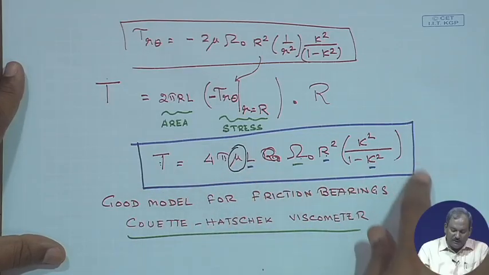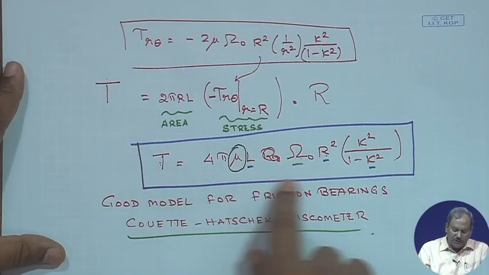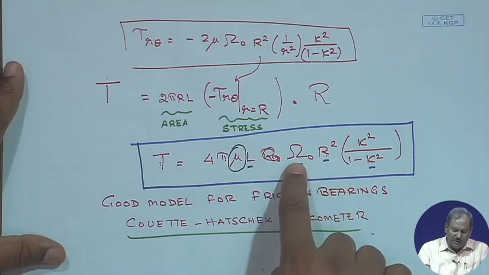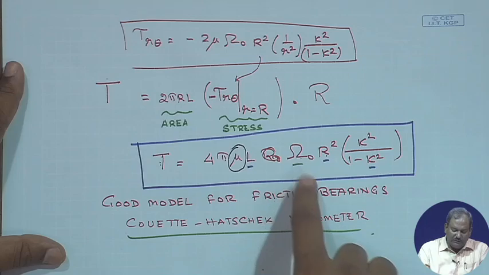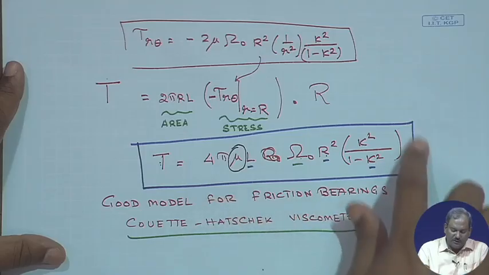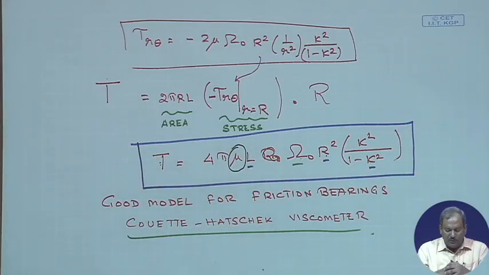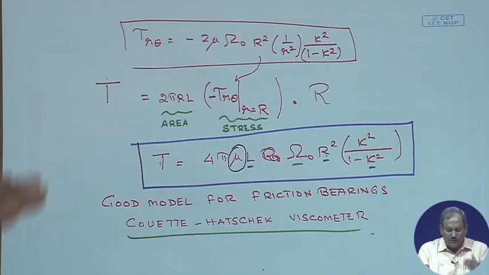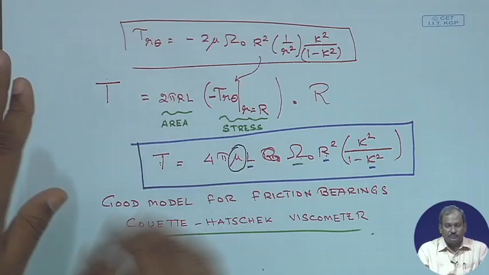So, the applicability of this relation in terms of laminarity would be sustained to a higher value of omega naught if the inner cylinder is kept stationary and the outer one is rotated. That is something one has to keep in mind while working with viscometers where one cylinder is kept stationary and the other is rotating. It is always the outer one which rotates and not the inner one. Thank you.